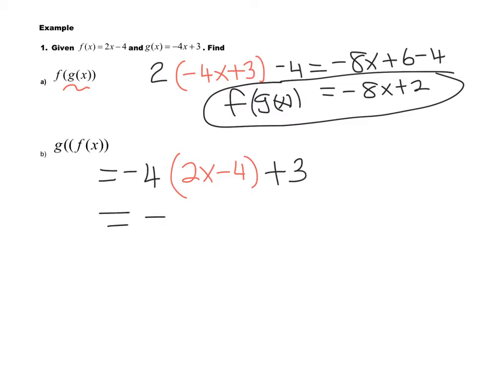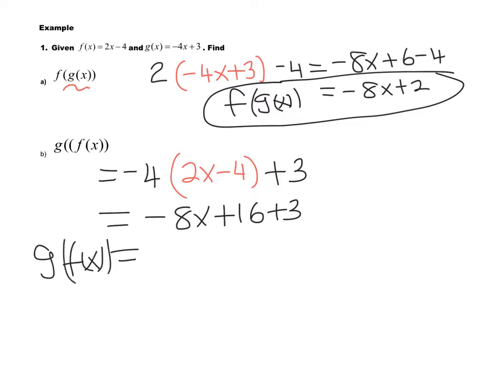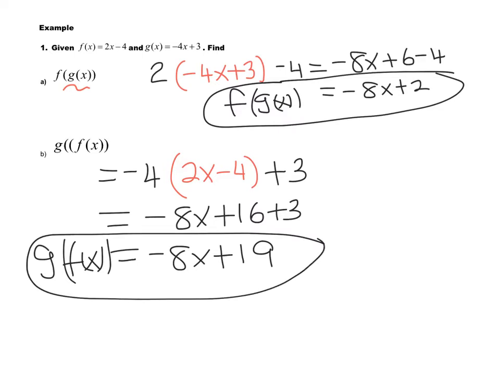So this becomes negative 8x plus 16 plus 3. So I get g of f of x is equal to minus 8x plus 19. That's the answer right there.